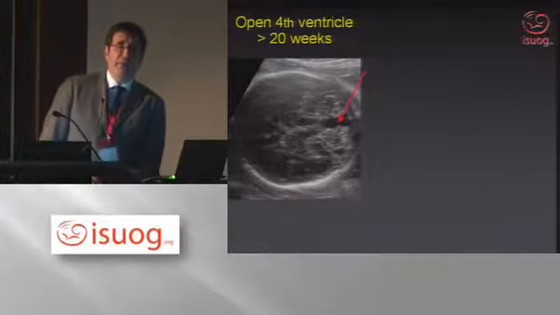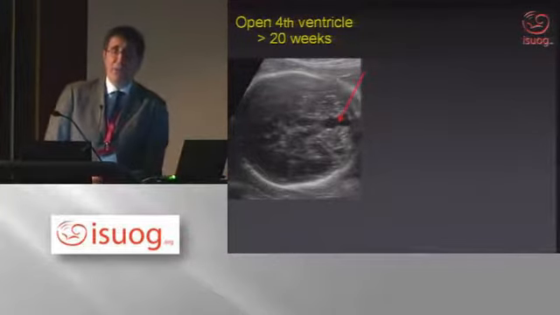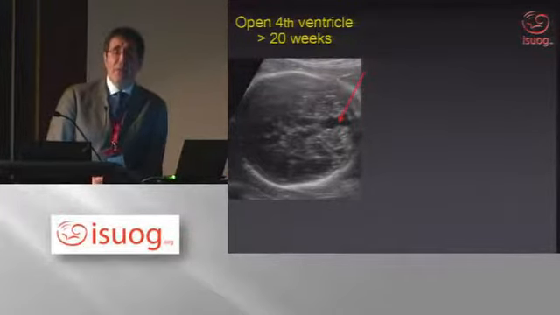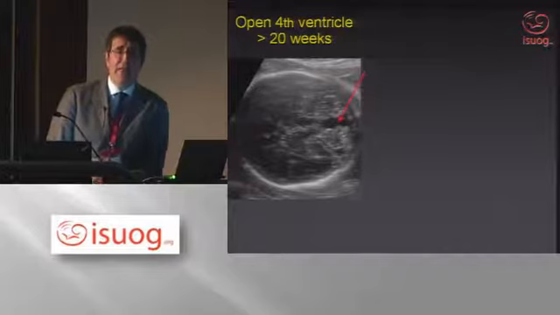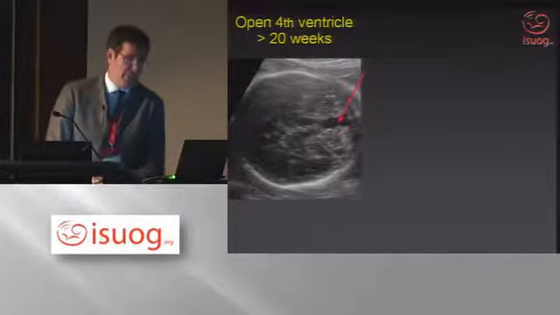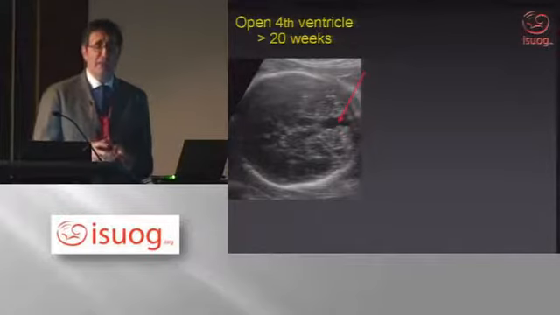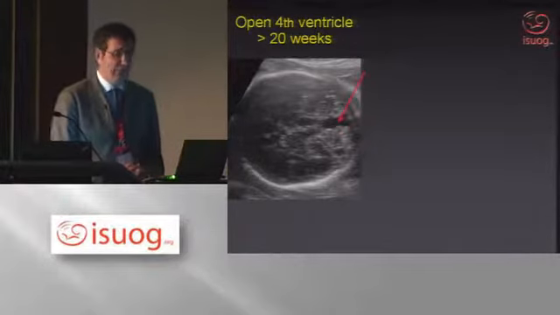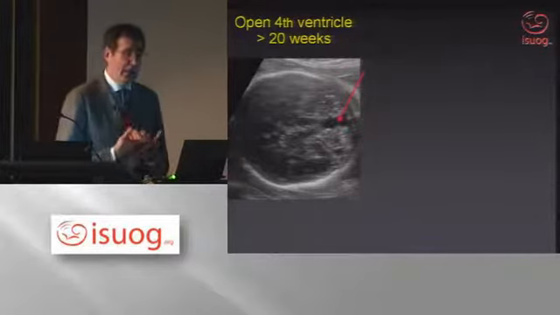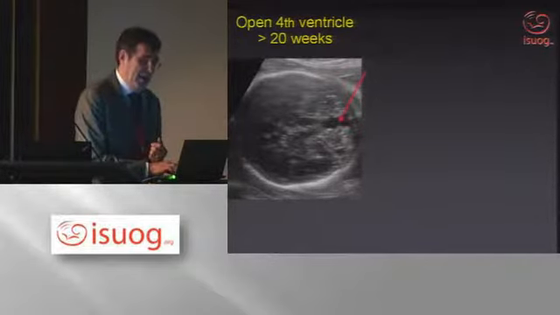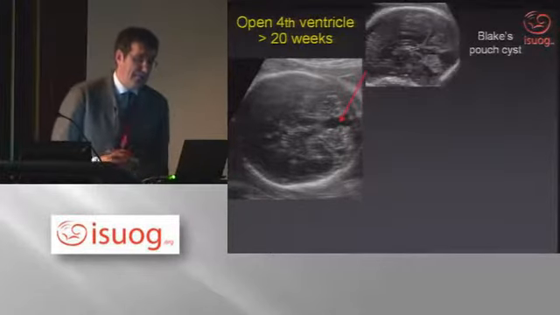An open fourth ventricle after 20 weeks should be regarded with suspicion. It may not be a malformation, very frequently just a normal variant, but it is a powerful indication for the presence of a malformation. If we consider our experience with this finding, fetuses always have been discovered later to have one of three conditions.